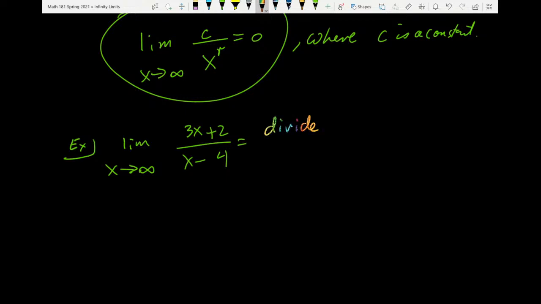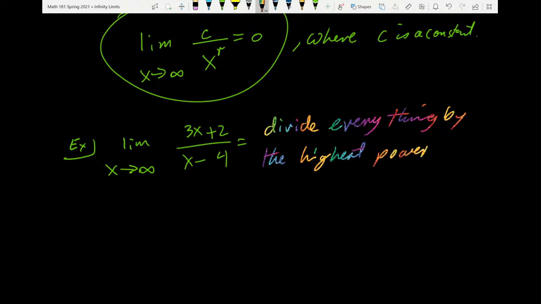So the way we go about doing that is to divide everything by the highest power of x from the denominator.